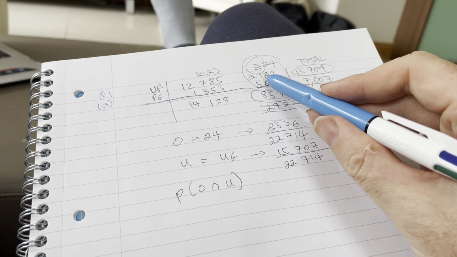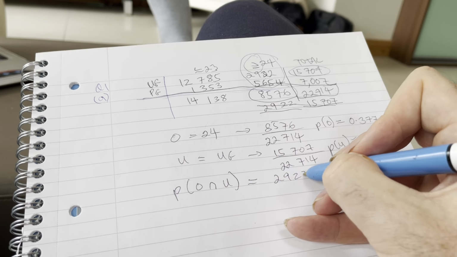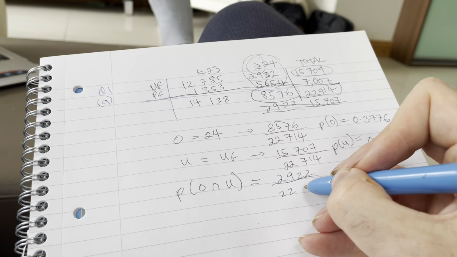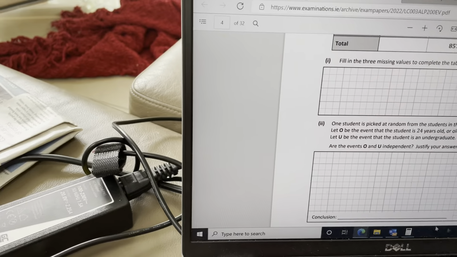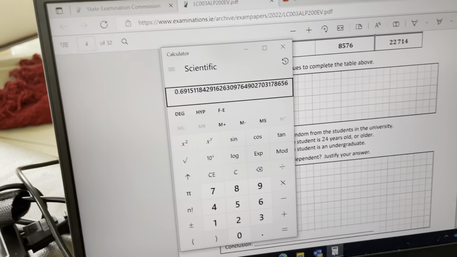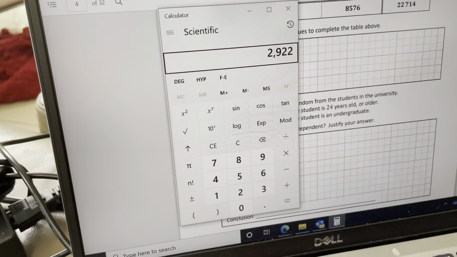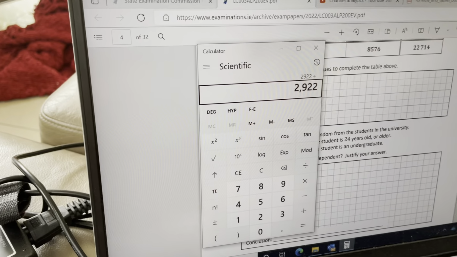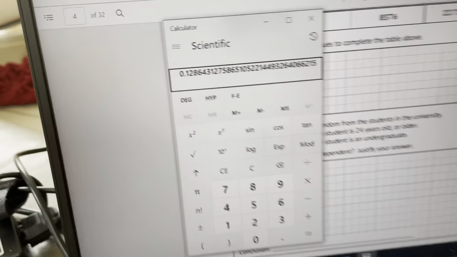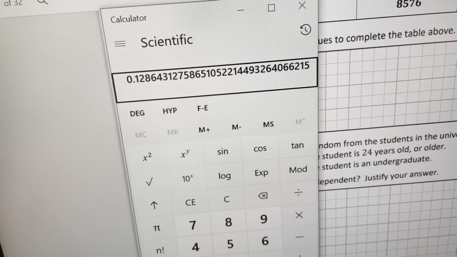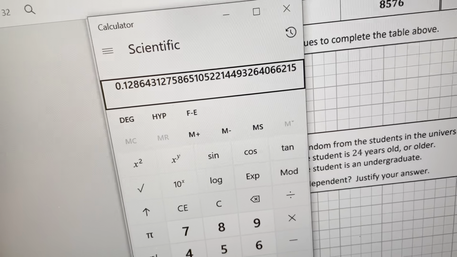So that's equal to 2922 over the total 22714. So that's going to be about 10%, but let's just see. Yeah, about 10%, so it's equal to 0.1286.